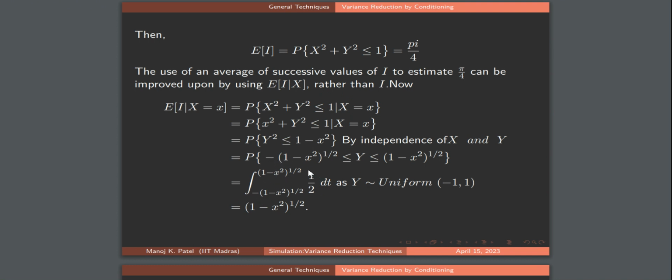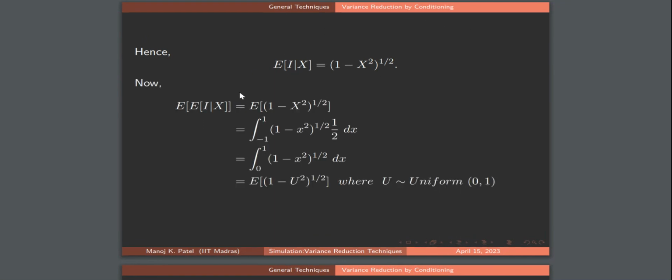Using the formula with the probability density function for y and these limits, this will be just the square root of 1 - x². So in variance reduction by conditioning, we want the expectation of I given some random value, and here we are able to calculate it. The expectation of this is then taken over x, a uniform random variable on (-1, 1), and this becomes the expectation of the square root of 1 - u², where u is uniform on (0,1).